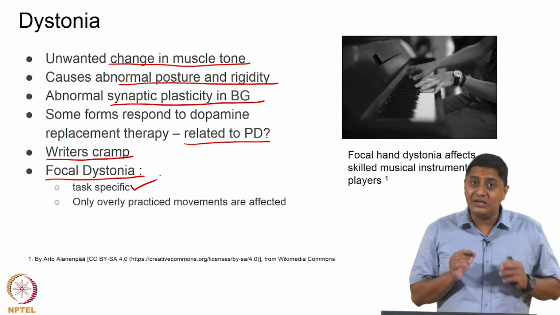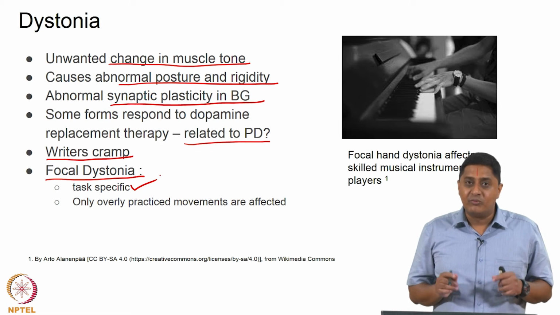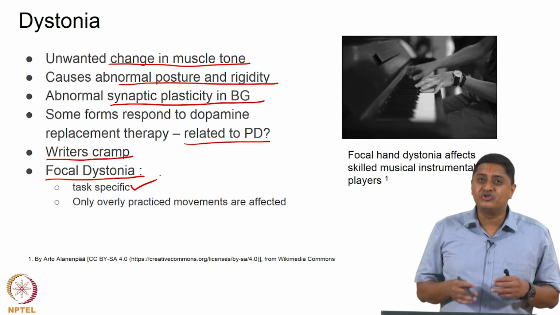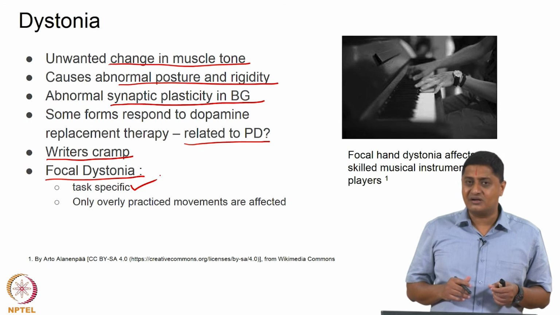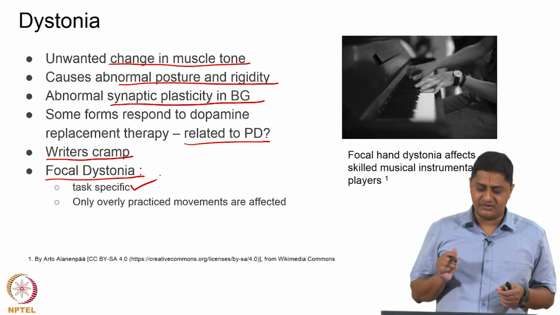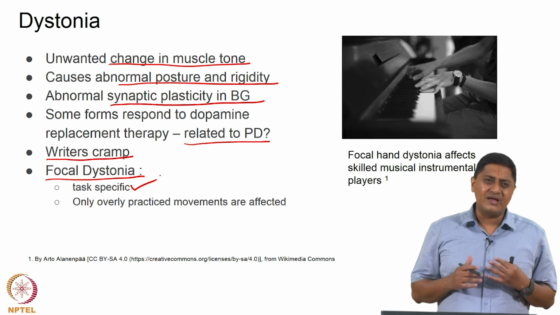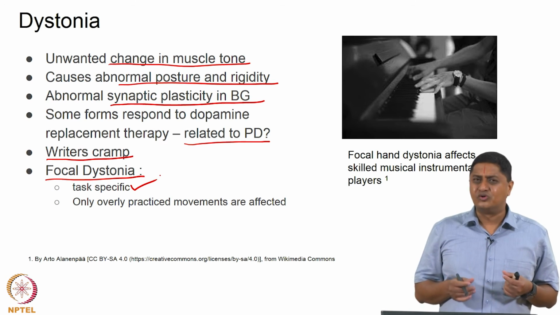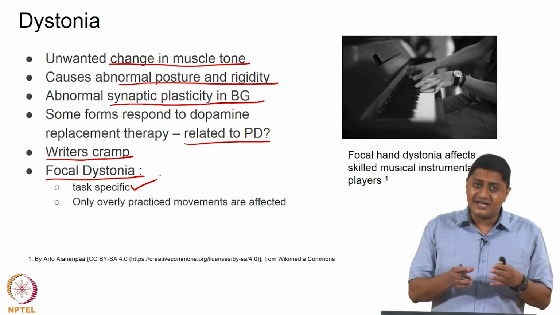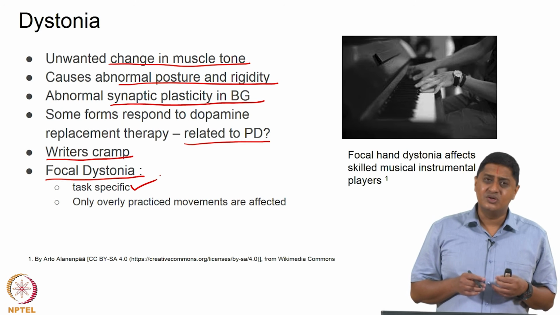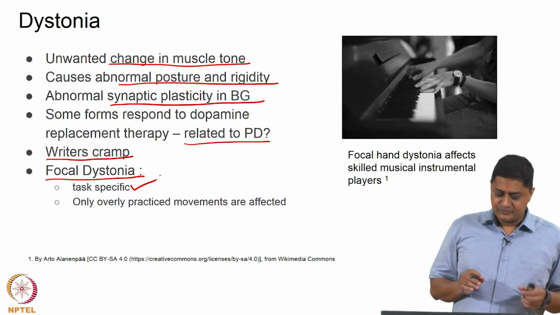This is called musician's dystonia. It is a relatively rare but debilitating condition. There is very poor understanding of why this happens, how to treat it, and the exact relationship to basal ganglia is also relatively poorly understood.